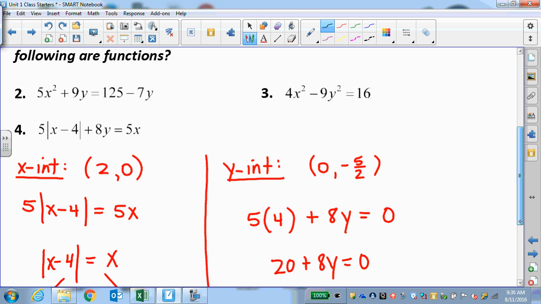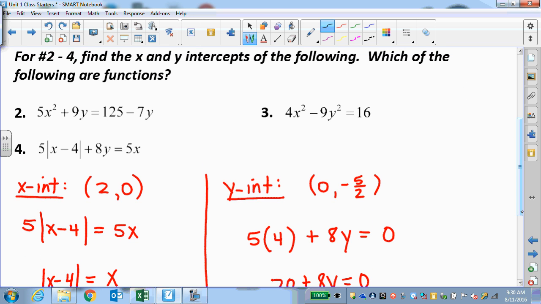Parent functions? What do you mean parent functions? Let me ask you this. Looking at this right here, what do you think the parent function would be? You have a parent function you're kind of familiar with.